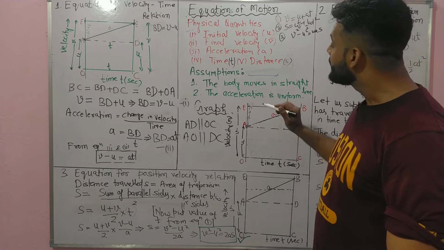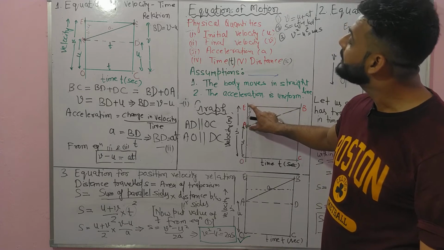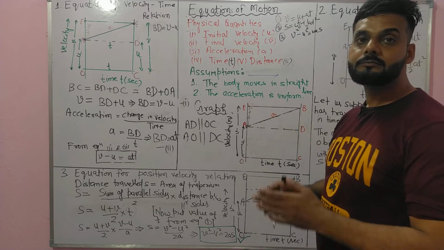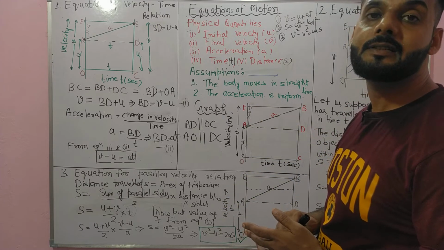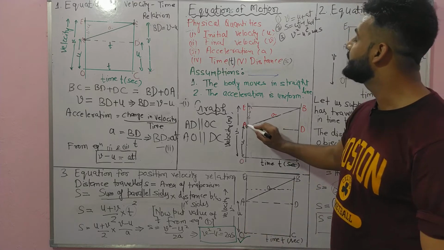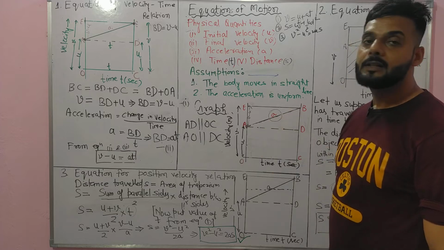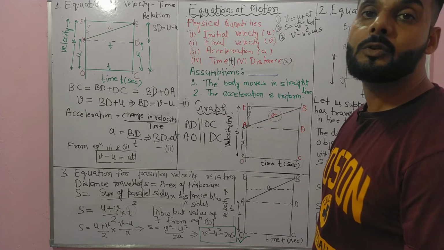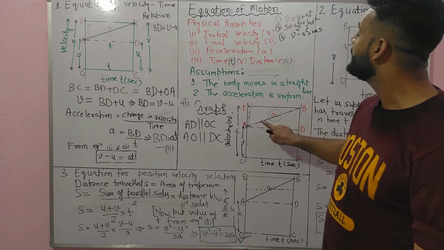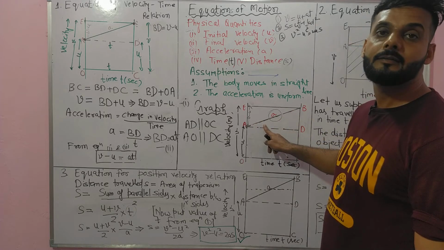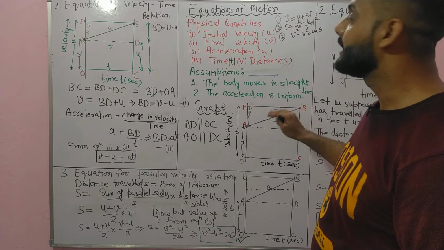So EA represents the change in velocity, and this one AB shows that the acceleration is uniform here because it is a straight line at some angle. So I think this one is clear from here.